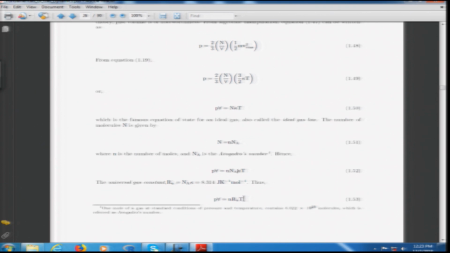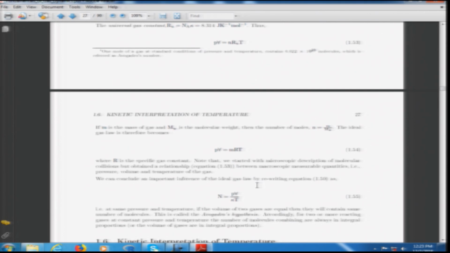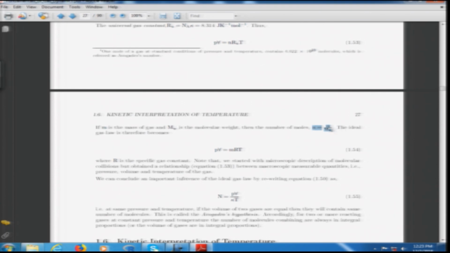We are familiar with this result from our school days. Now, let us go further and review that the number of moles n can be obtained using the mass of the gas divided by its molecular weight. Inserting this result into 1.53, we obtain PV equal to mRT.